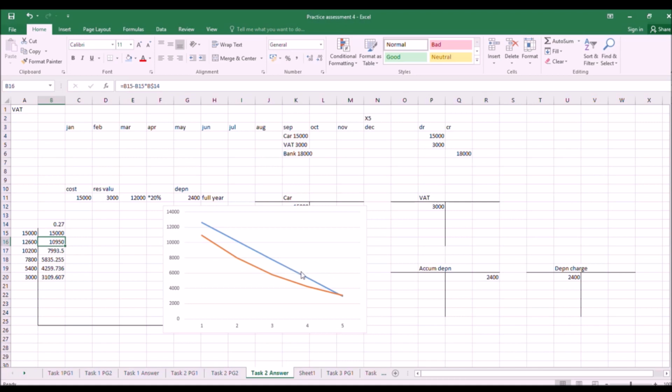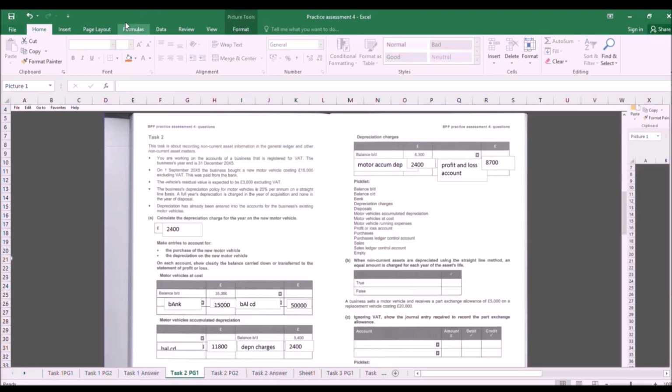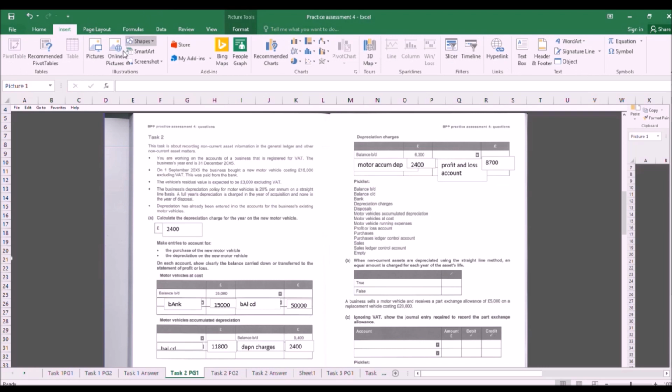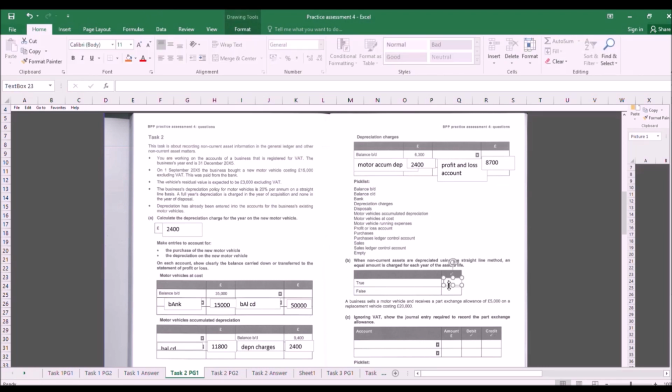So it's always going down by the same amount. And here, reducing balance, it comes in with a bit of a curve, more being lost in the first years and then less as we go forward. So that's the difference between reducing balance and straight line. So let's go back to our answer and insert our shape in here. And so that one's going to be true.